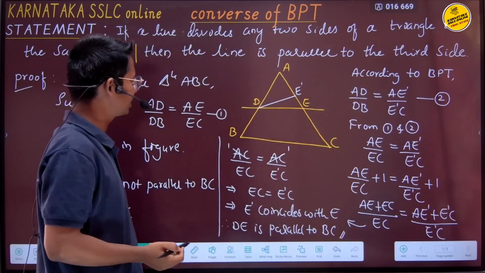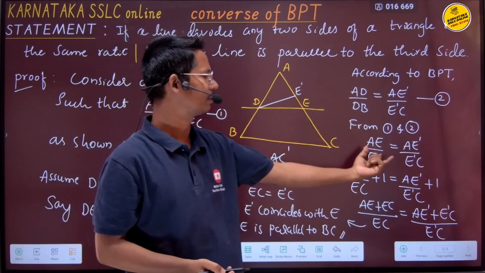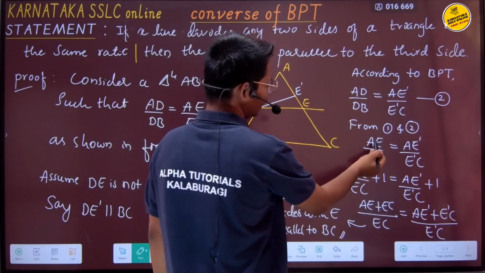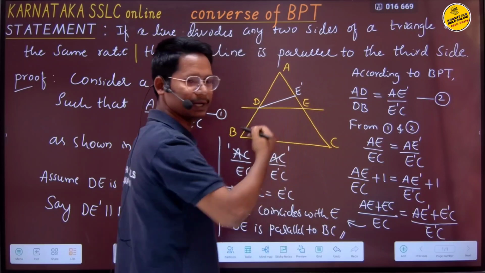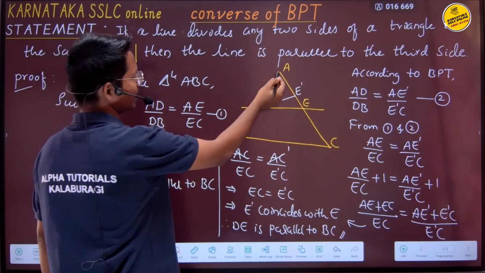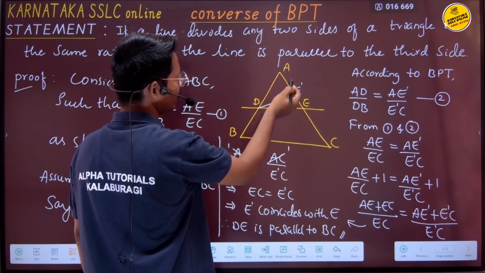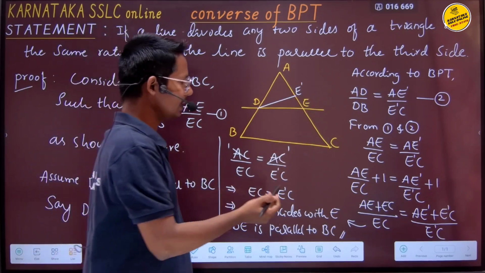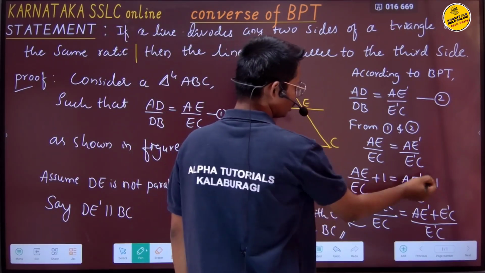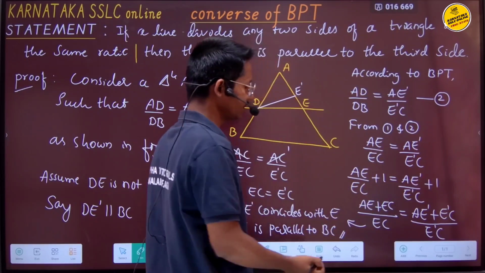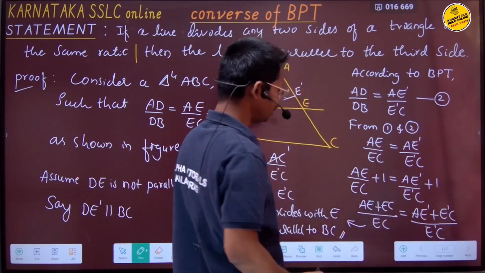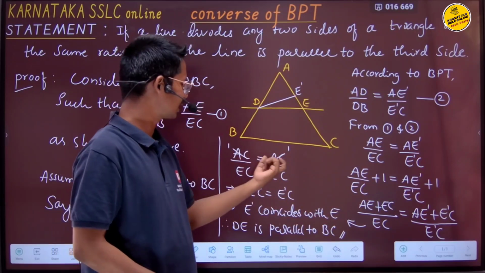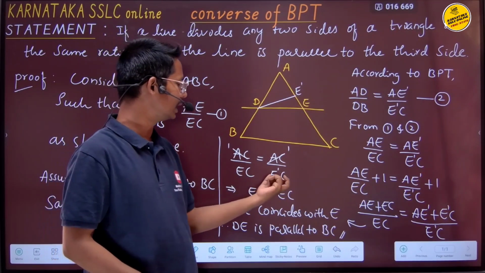After comparing, you will get the RHS parts equal, and we can get AE plus EC to be AC, the complete side. Either AE plus EC or AE dash plus E dash C will give you AC. For that, I am adding plus 1 to both the left hand side and right hand side. So after adding, you will get AC and AC, and after cancellation, you will get EC equal to E dash C.